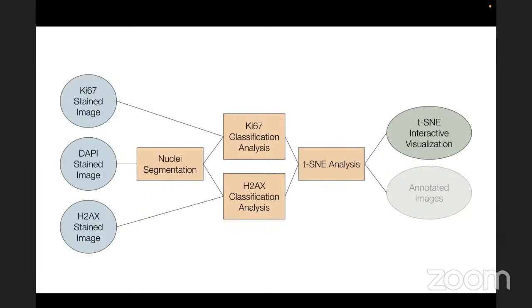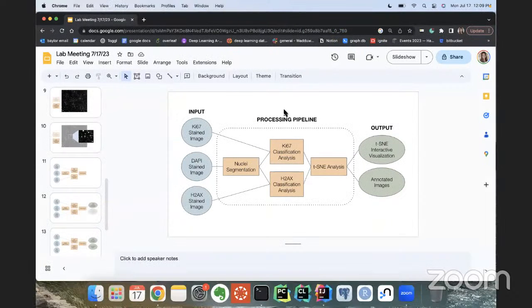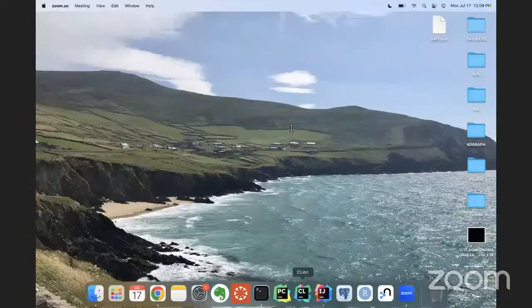We'll look into that in the demo. And then our other output is those annotated images with the boundary boxes. So this is our final pipeline of the input and the output.